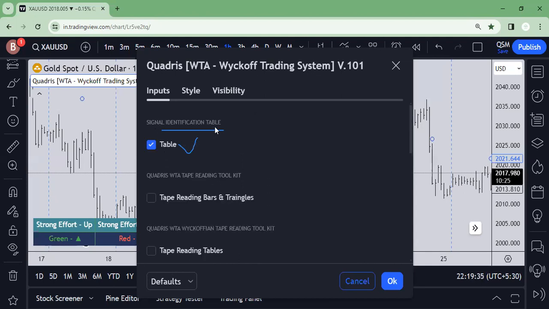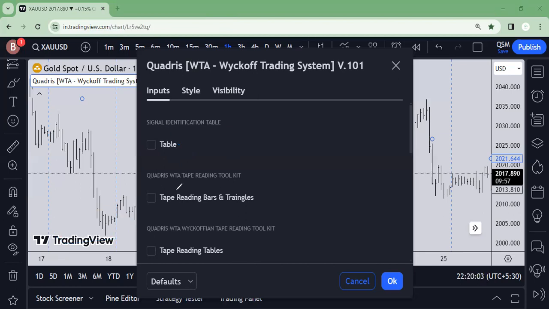This is the signal identification table for your reference. People who are not aware of that can go with this table, and after getting well versed with the concept, they can switch off this tab and then use the system.